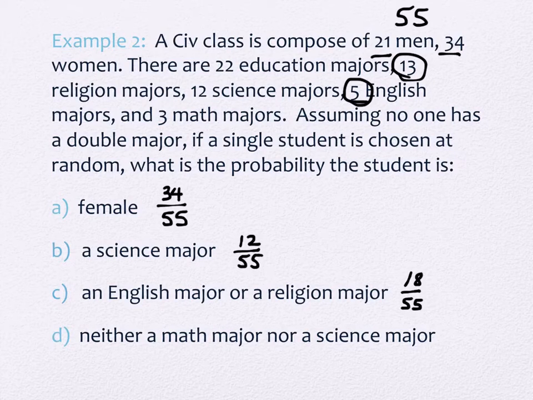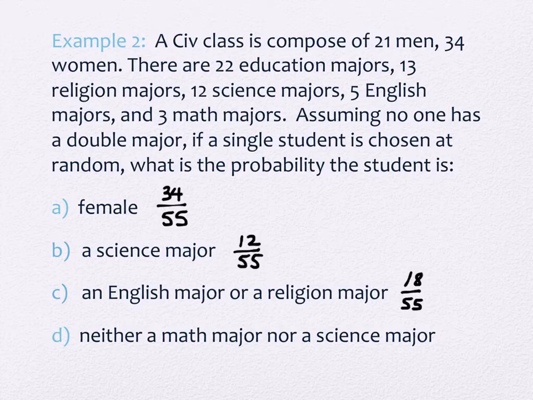Last one says, neither a math major nor a science major. Now, there are a couple of ways to do the problem. So I want you to take just a second and figure out what you would do for this problem. Go ahead and write down what you believe the answer should be. Think about how you got to that point. Okay, volunteer to tell me how you got there.